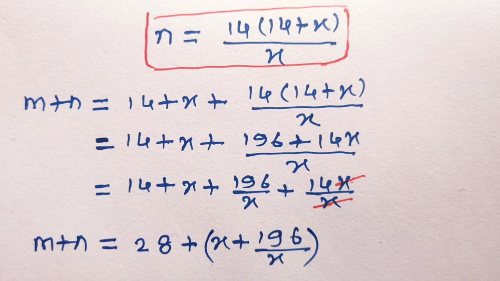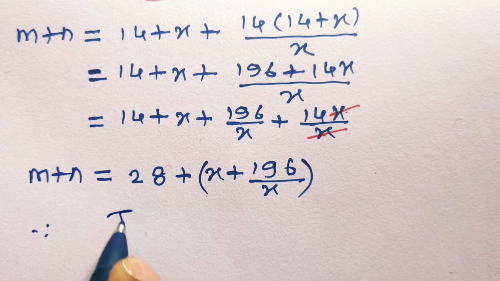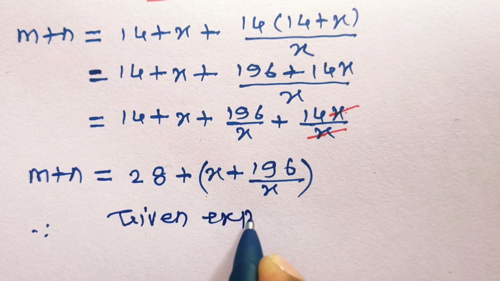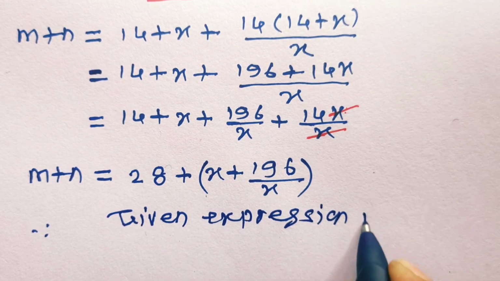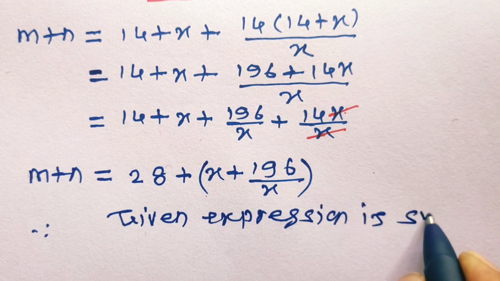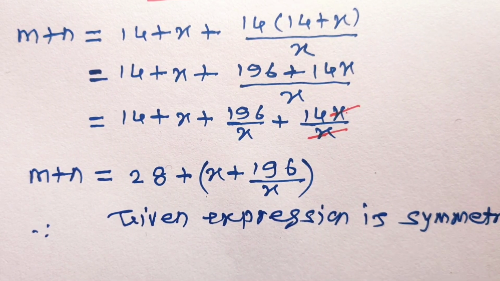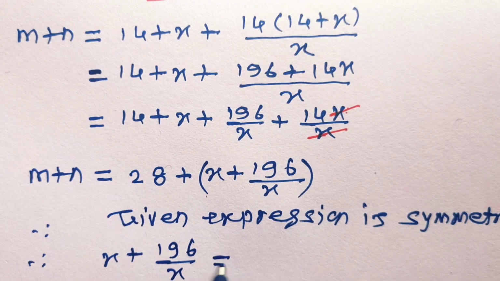Hence we can write, since given expression is symmetric, hence x plus 196 divided by x, this is equal to 28.